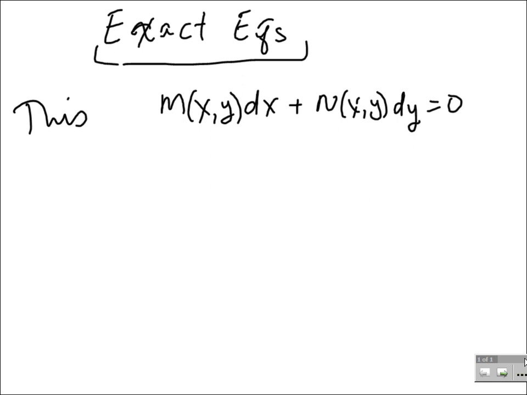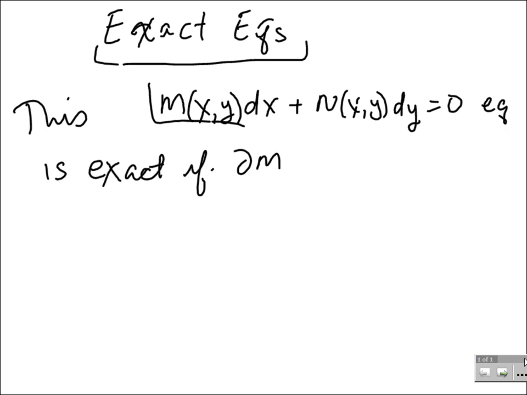This equation is exact if the partial of M with respect to the other letter, y, is equal to the partial of N with respect to the other letter, not y, but x.